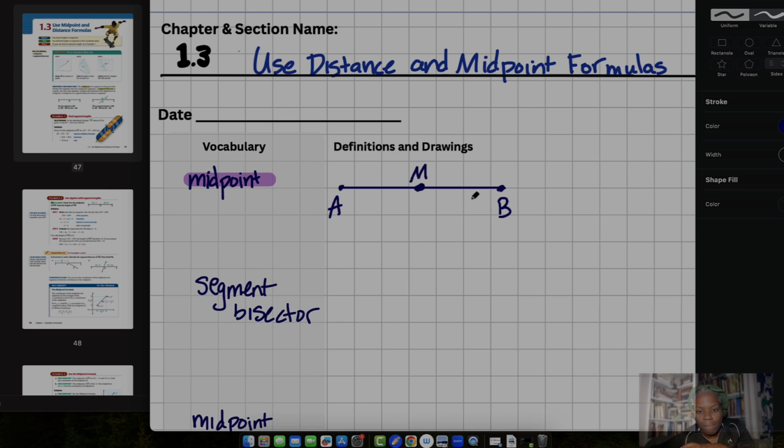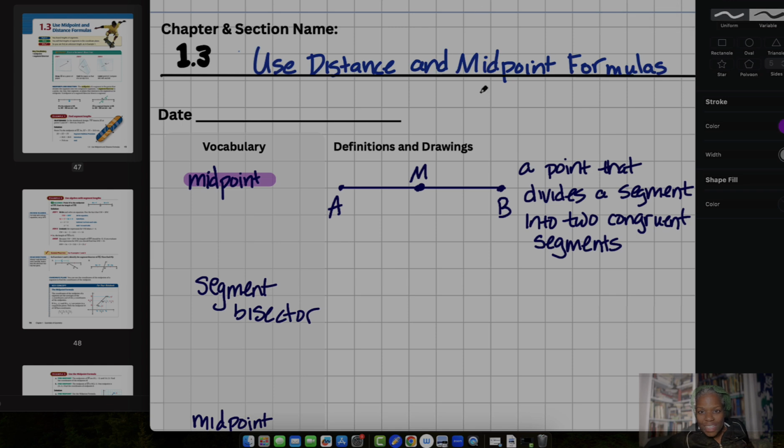What we know about the midpoint is it's a point that's going to cut the segment directly in half, meaning the length of AM has to be equal to the length of MB. We know that this midpoint is the center of the segment. Let's go ahead and write a definition for that. So as defined, a midpoint is a point that divides a segment into two congruent segments.